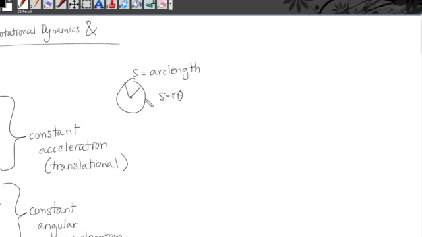So similarly, if something travels from here to here, and we know what the angle is, some angle theta, then we can just find how much displacement there is using the above formula. And likewise, since we have S is equal to R theta, if we take the derivative of both sides with respect to time, we get this.